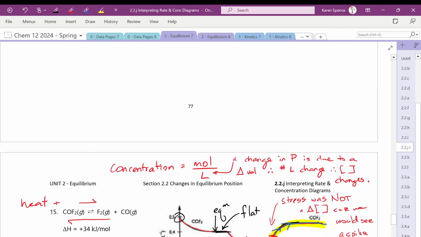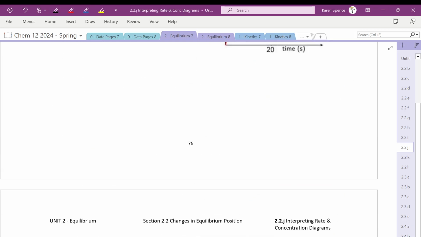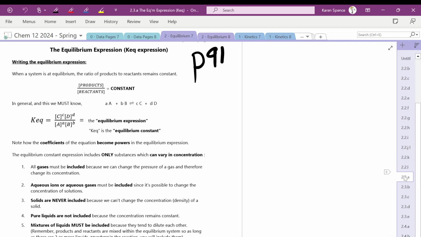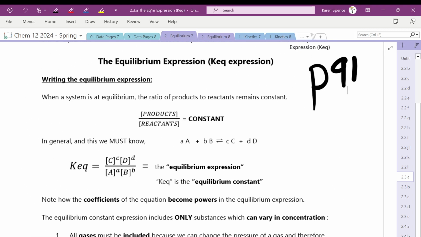So you can go through some of the rest of these on your own time. In the meantime, if we want to do a lab ever, we need to do 2.3. So let's talk about our KEQ expression. And we are on page 91.